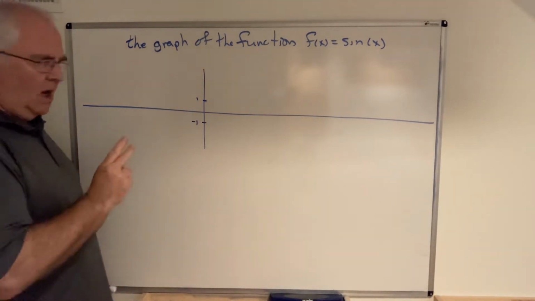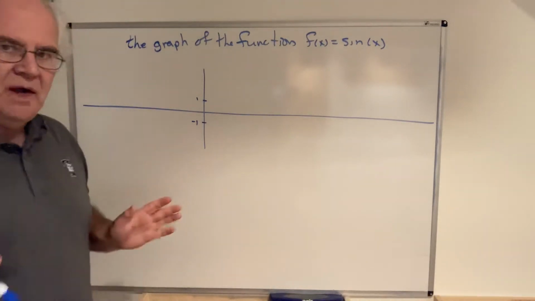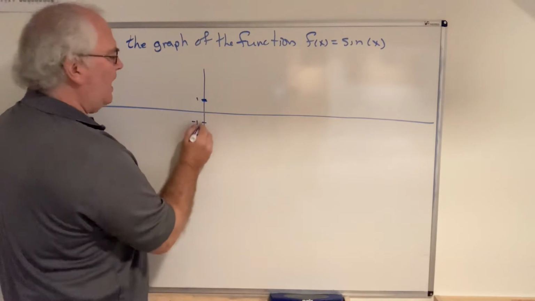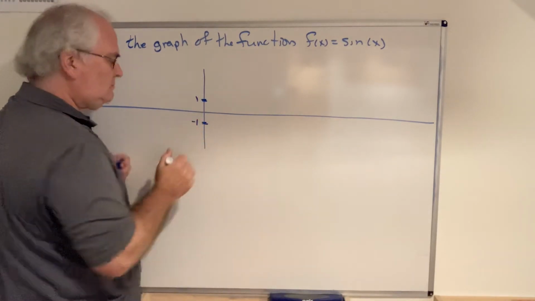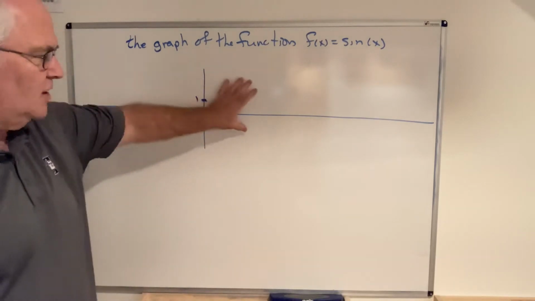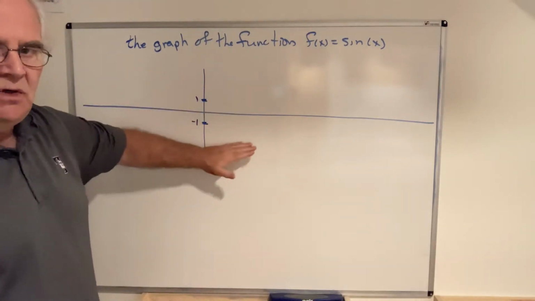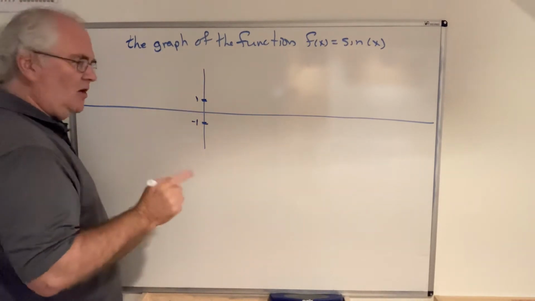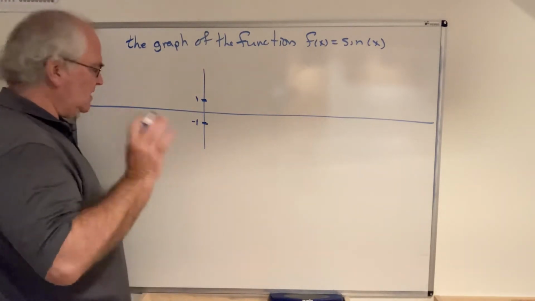Now, if this is 1 and this is -1, when you show me your work for your graphs of the sine functions or the cosine functions, if you say this is 1, one thing I am not going to allow, you will not get credit for this. This is not accurate.